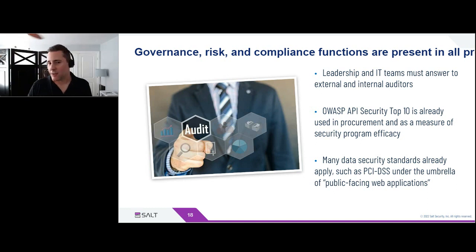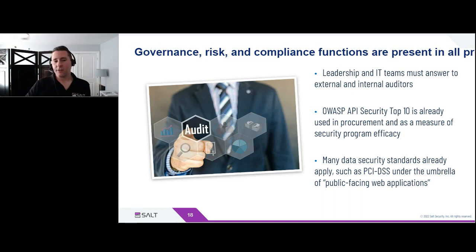Or for access control, because the first two items on the top 10 are authentication and authorization related: how do your API gateways enforce access control policy and integrate with your identity and access management systems to support that? So it spiders out. The OWASP API Security Top 10 can be the entry point to those things.